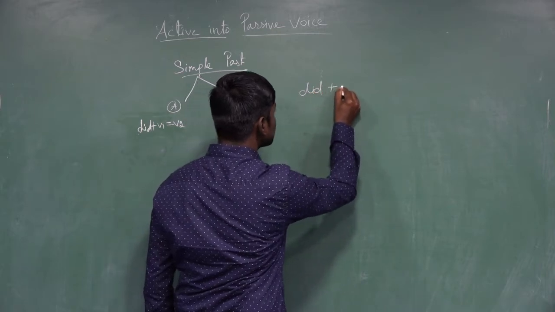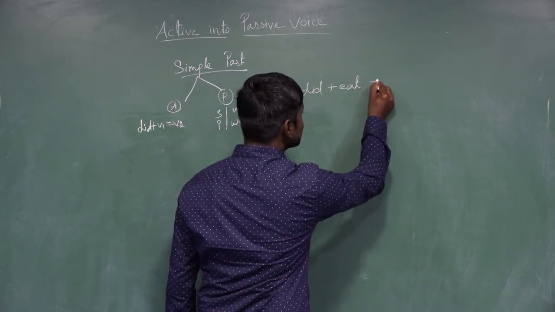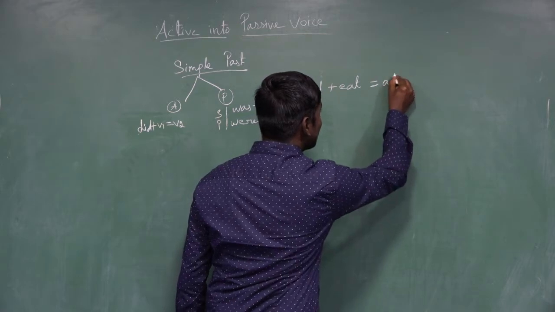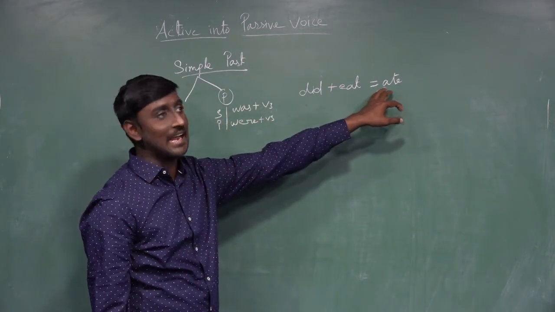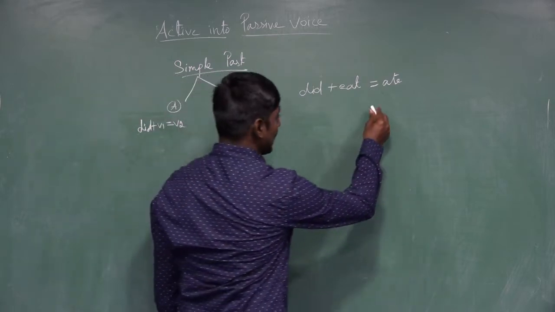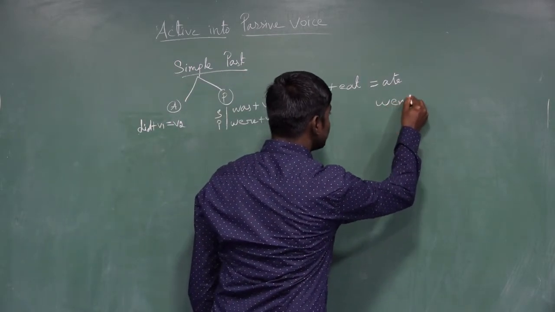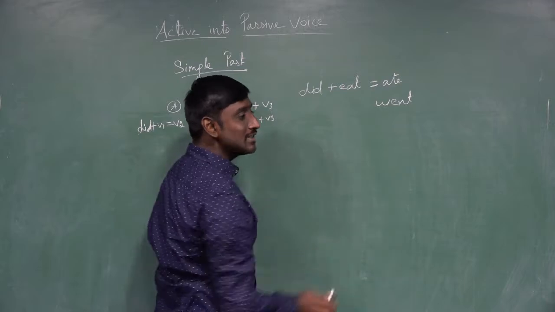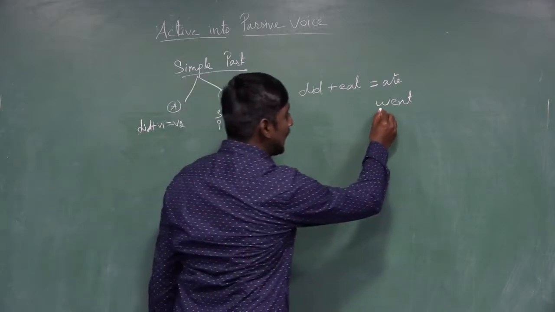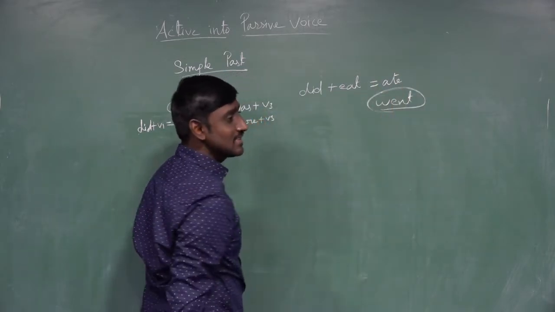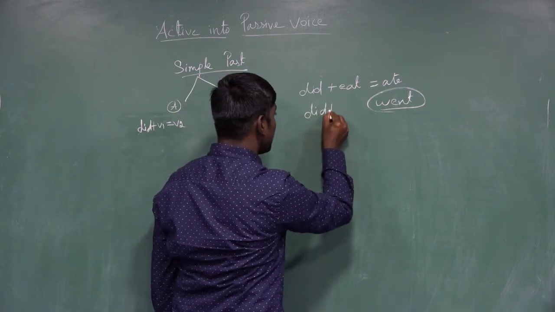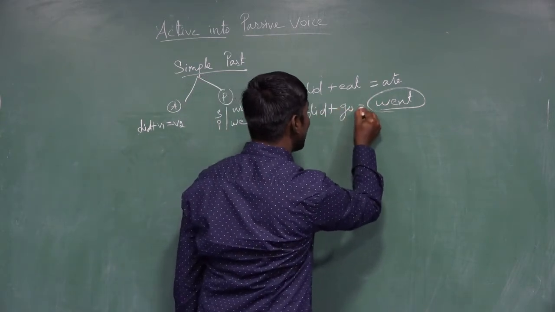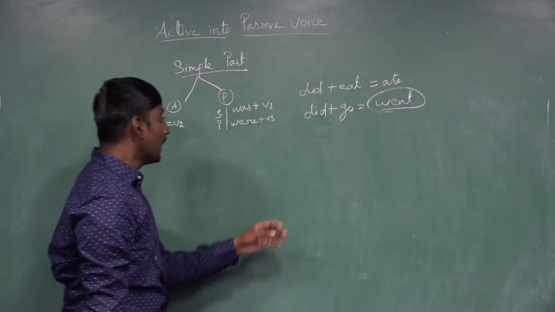did plus eat turns as ate. Next, went. What is the auxiliary hiding in this word? So did. Did plus go turns as went.